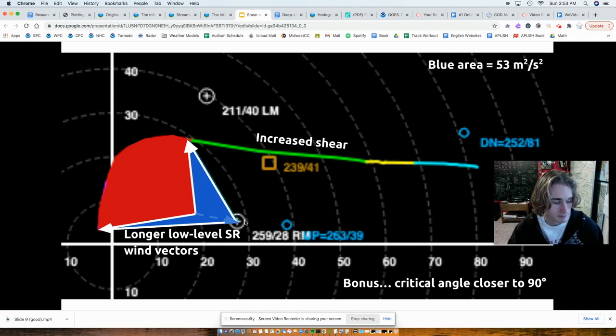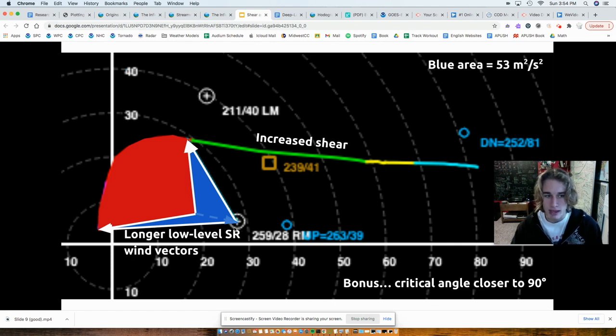And then lastly, I just want to hit on, this is kind of like a bonus thing, the way that storm motion is calculated. Our critical angle between hodograph 1 and hodograph 2 increased, and you can see that because we kept our low level wind profile constant, but the storm relative wind vector from hodograph 1 is slightly less normal to the hodograph than the second storm relative wind vector is.